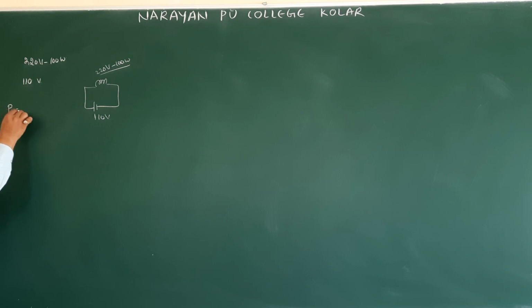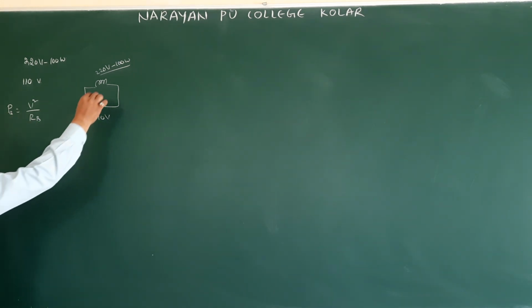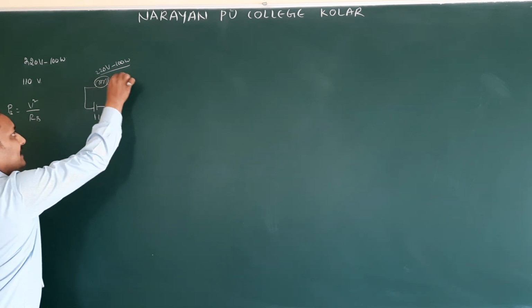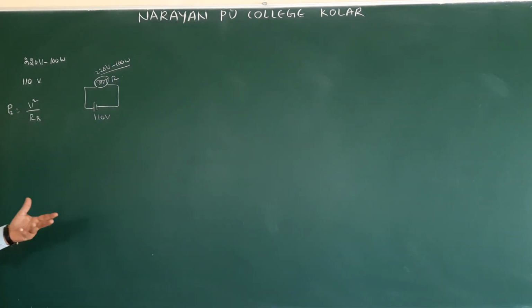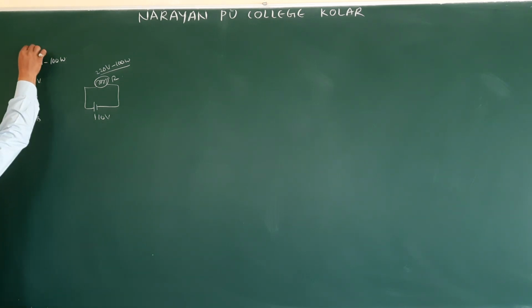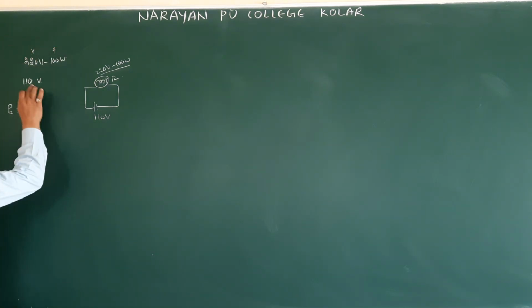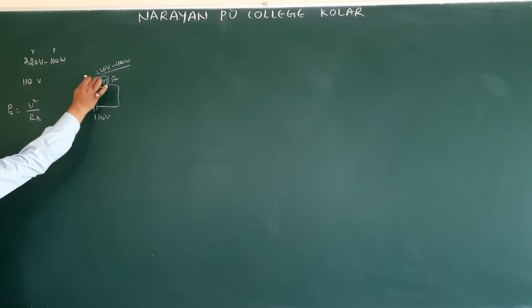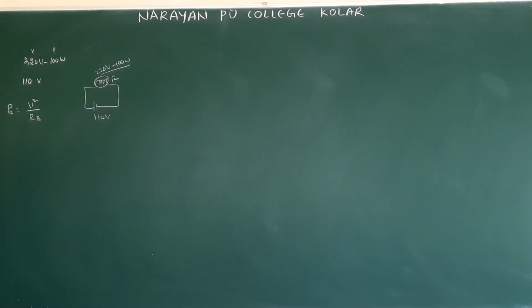Power is equal to V square by R. So the bulb will have some resistance value. We should come to know the resistance because they gave voltage and power. This is the applied voltage, and this is the rated voltage of the bulb. So we should not get confused.